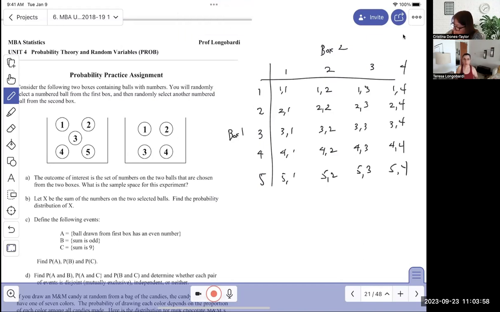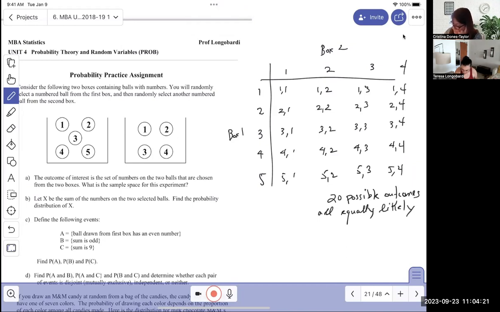So those are all the possible combinations. And the order is already determined because I have to pick from box 1 first. So 20 possible outcomes, all equally likely.